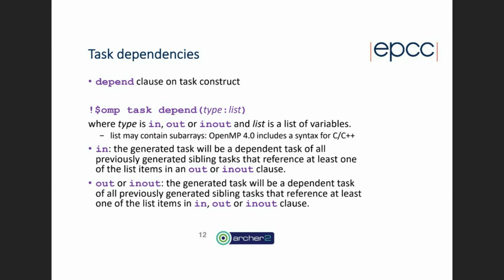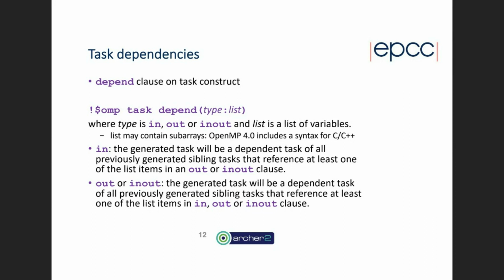But quite often that's not the case, and you want to be able to specify some ordering constraints between tasks. The way this works is there's a depend clause on the task construct. It takes a type of dependency, and then a list of variables. That list can contain subarrays.